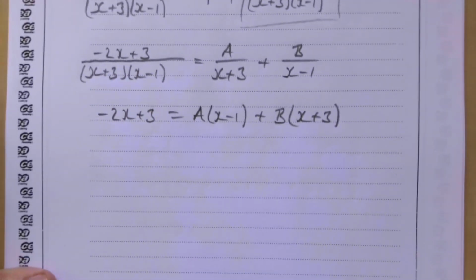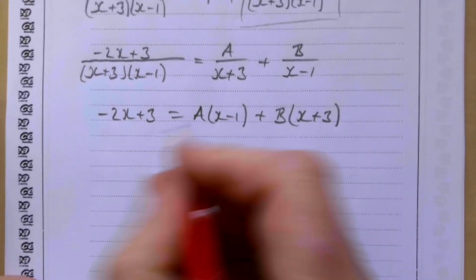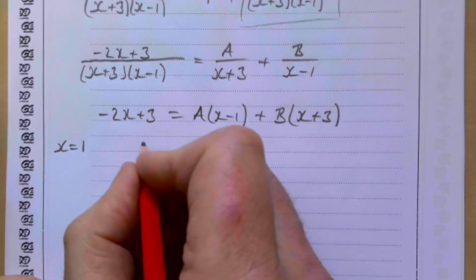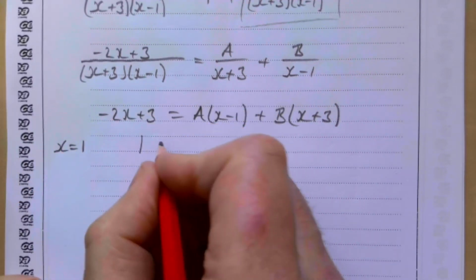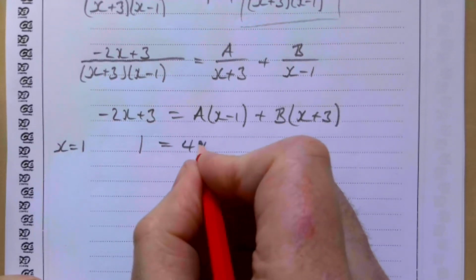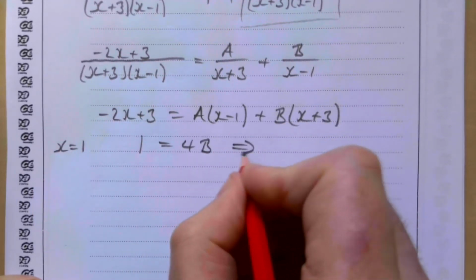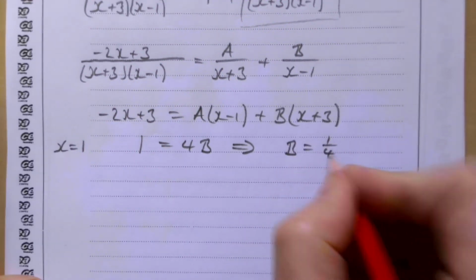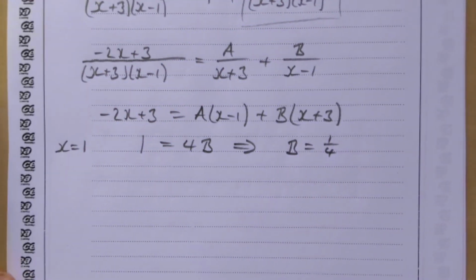I'm going to let x equal 1. If I let x equal 1, I get 1 equals 4b. That gives me b is a quarter.